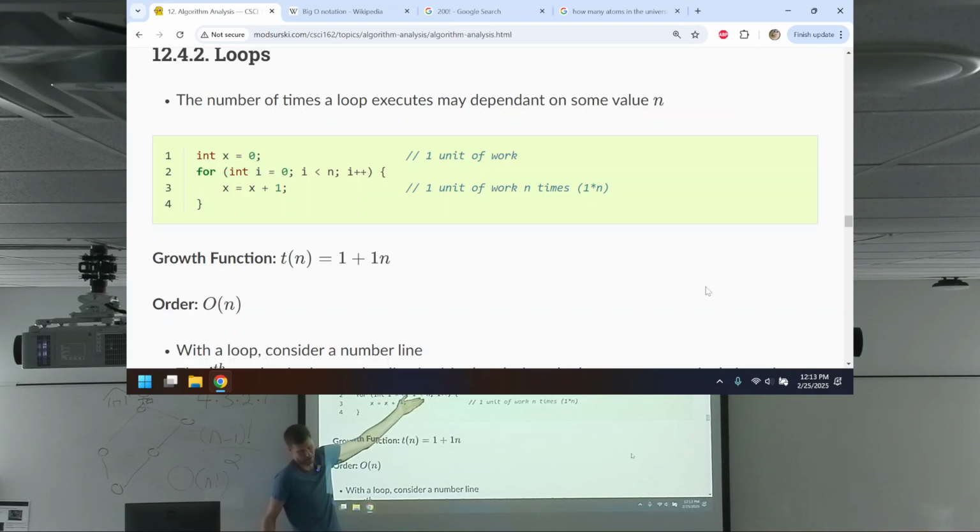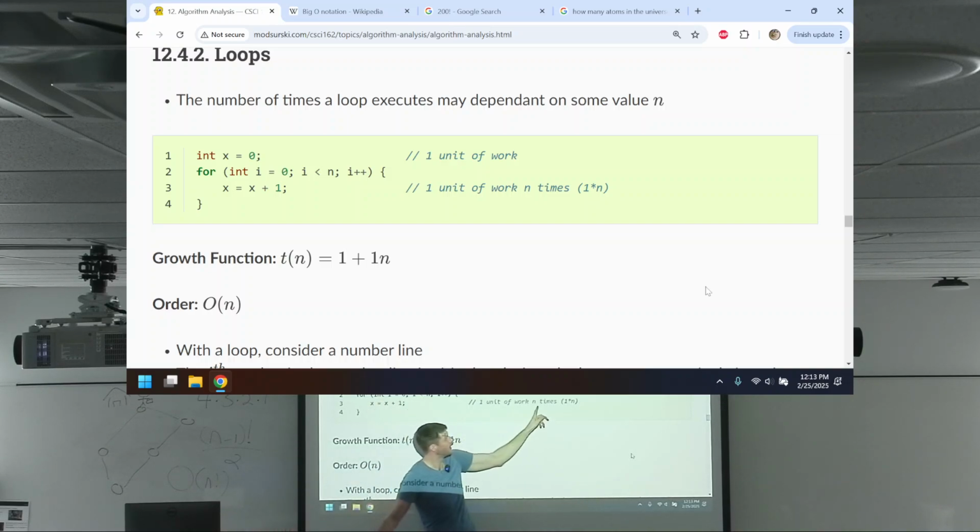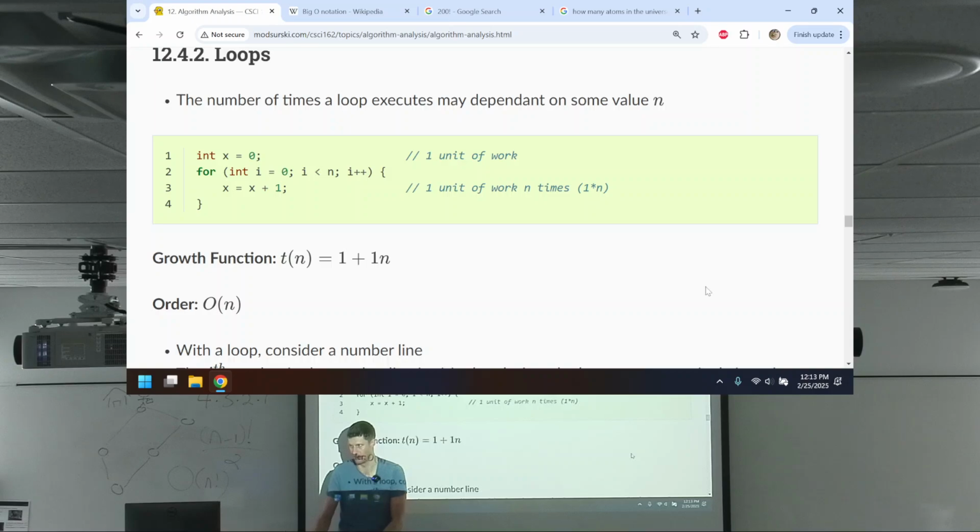I could call it whatever. But the total amount of work here is 1 unit of work n times. So 1 times n. Meaning that in this example, we have 1 unit of work plus 1 times n, one thing n times. So you look at this and you go, well, big O of n, obviously. Right? Cool.